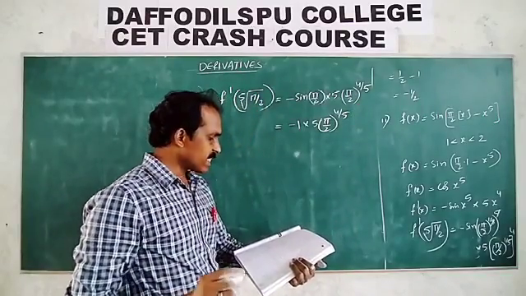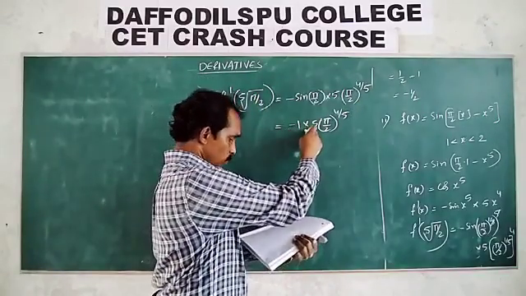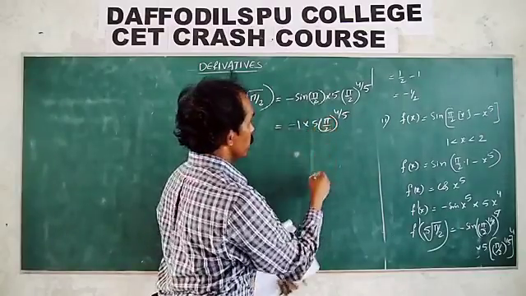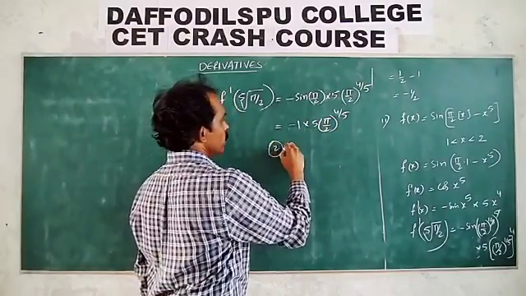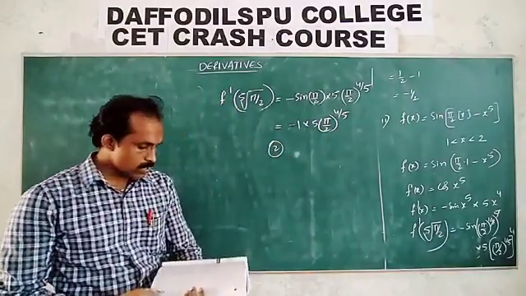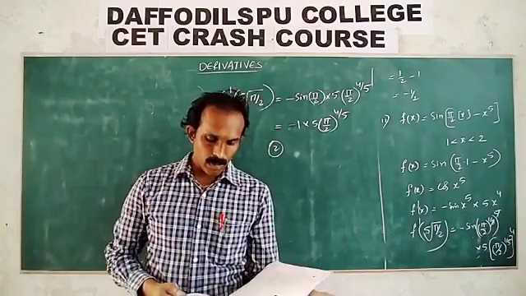Sin 90 value is 1, so minus 1 into 5 into (pi by 2) whole to the power of 4 by 5. Second option is the correct answer. Okay students, we will continue the remaining problems in the next class.